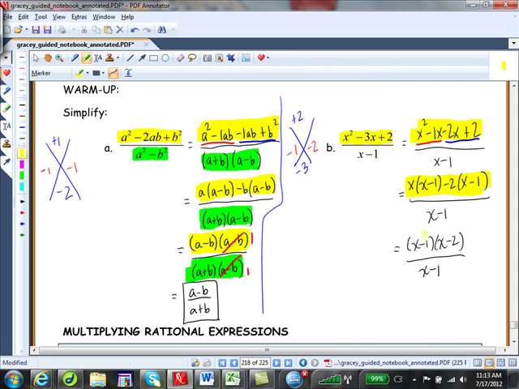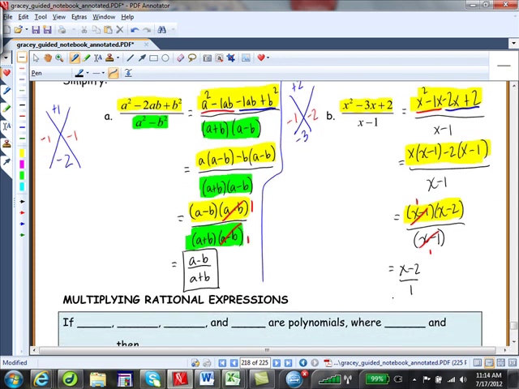All right, we can put parentheses around that complete quantity that's in the denominator, and divide out those x minus 1s, and we are left with x minus 2 over 1, which is just x minus 2. How'd you do on the warm-ups?